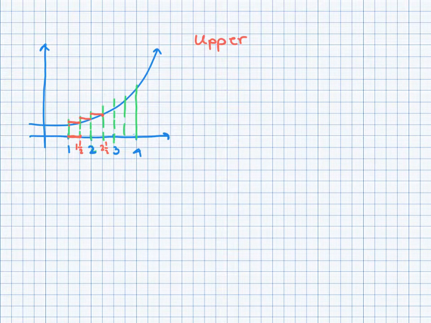And then you keep going, looking between 2.5 and 3, 3 and 3.5, 3.5 and 4. You're just doing the same thing. Okay, so this is 3.5. So between here it's the upper one, upper one, upper one.